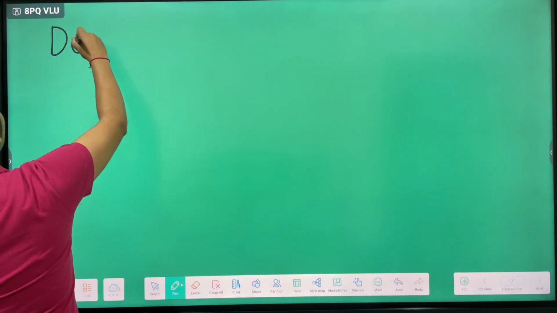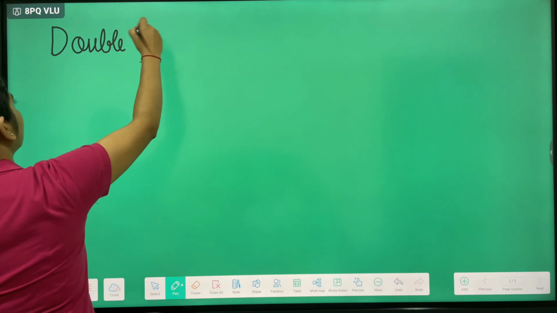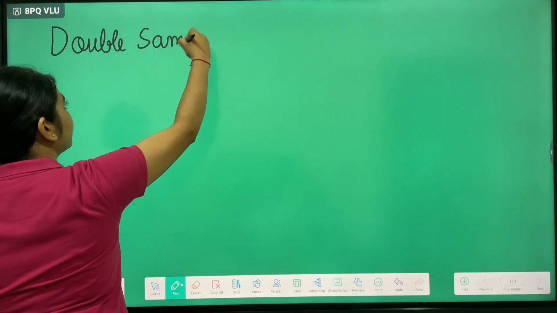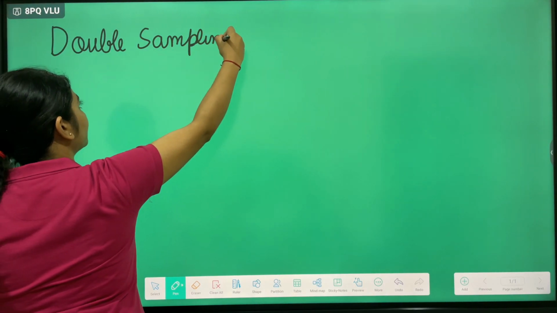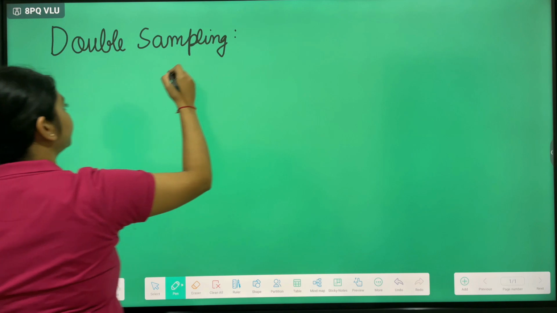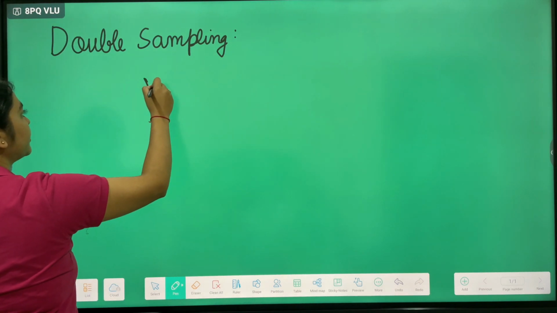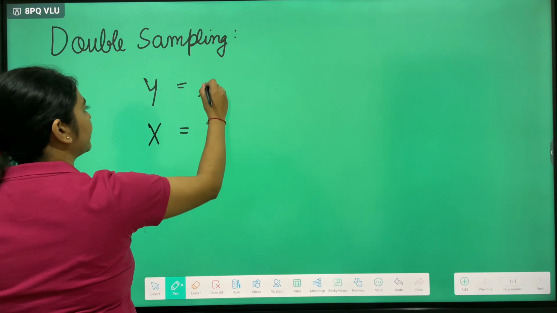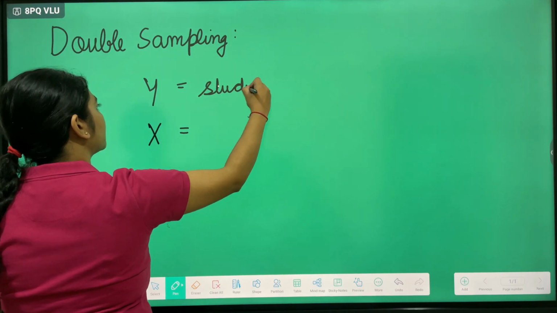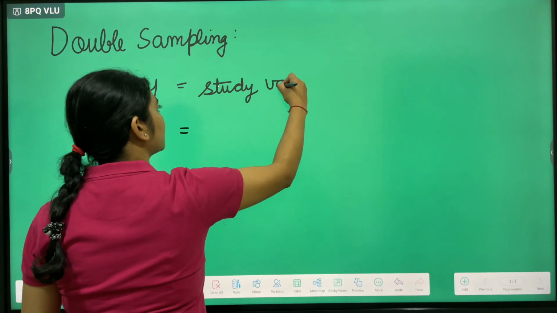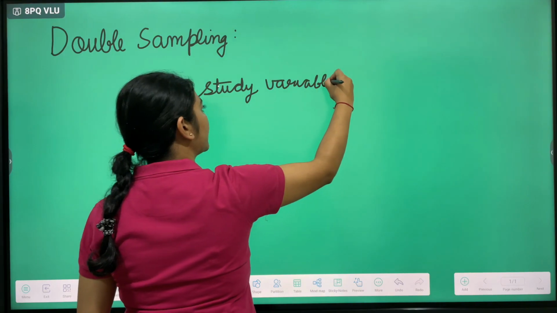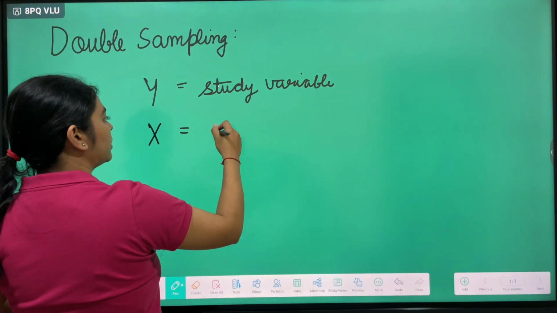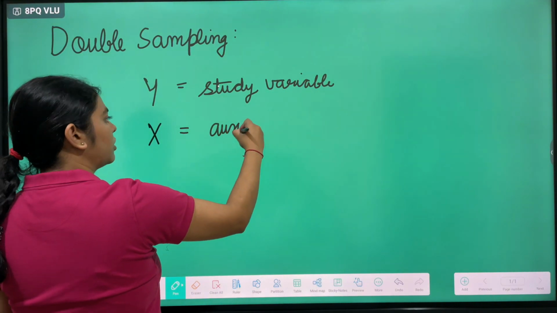Double sampling. Till now we have been learning about single sampling, in which we had two variables, y and x, where y is the study variable and x was our auxiliary variable.